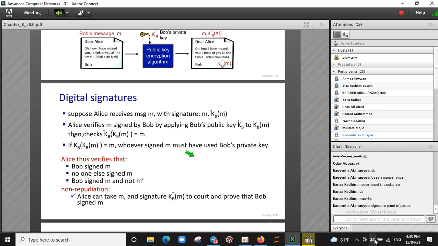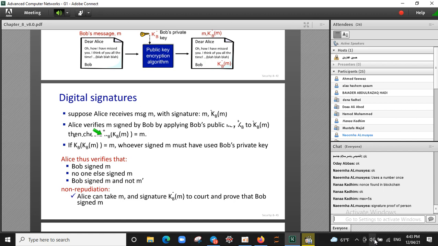So Alice can receive Bob's public key from the internet. And now Alice receives an encrypted message from Bob's side, encrypted with the private key.